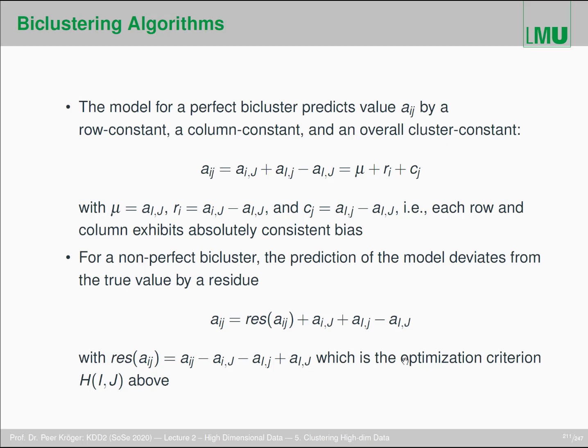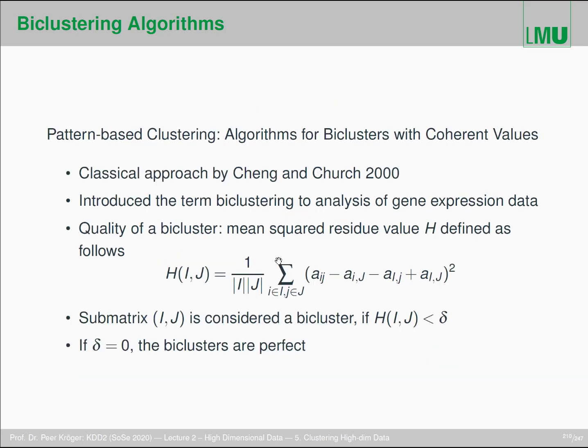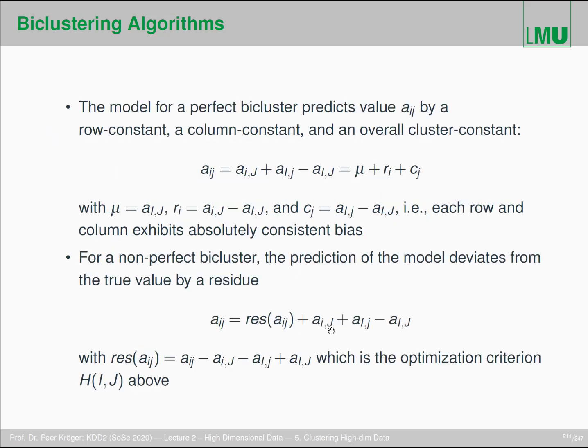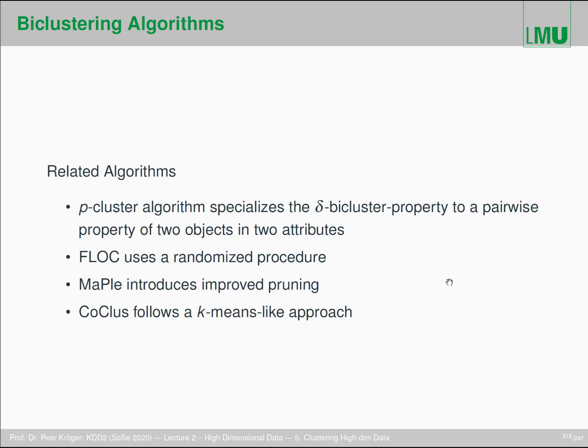So this is actually the optimization criterion for the mean squared residue we had before. If you have a look, this one exactly looks like this one here. So you can formulate this as an optimization problem, and ask some solving algorithms to solve that for you.